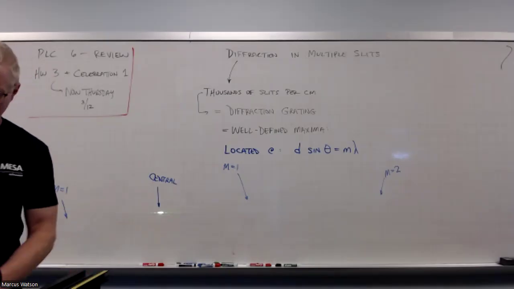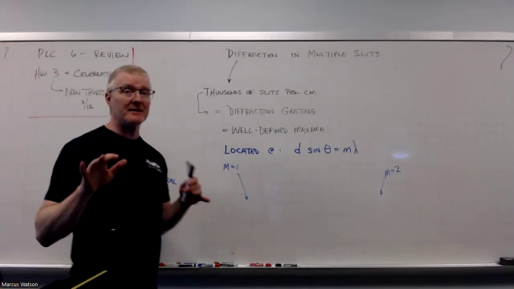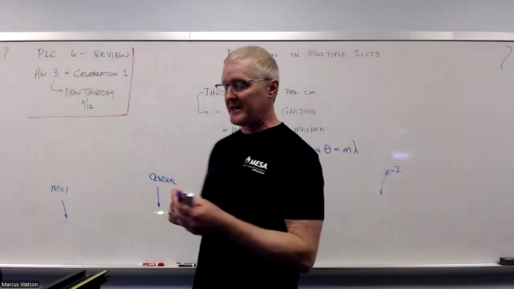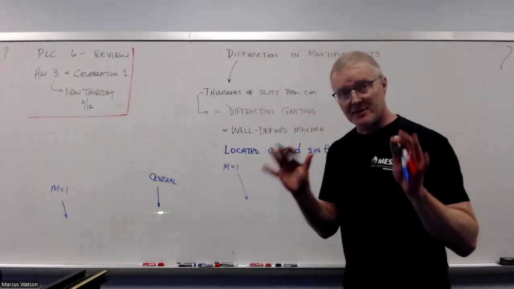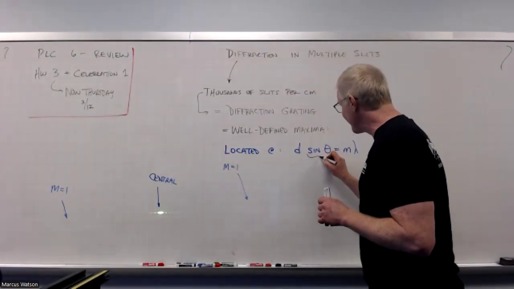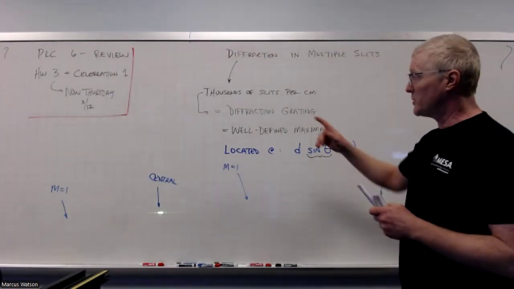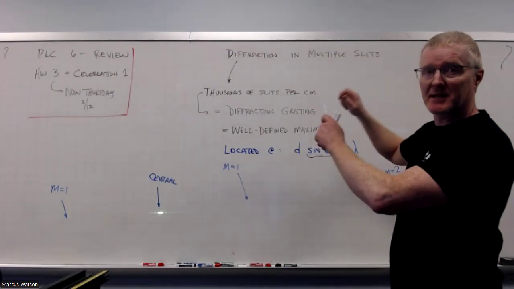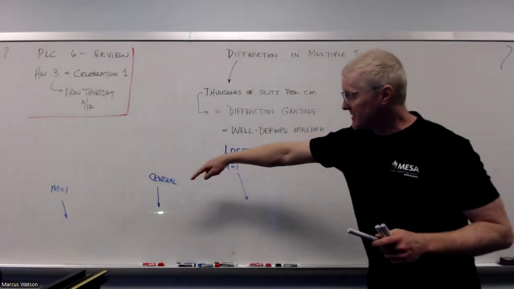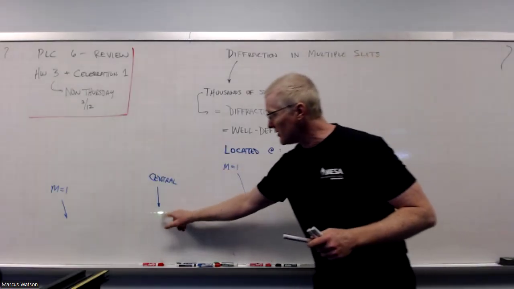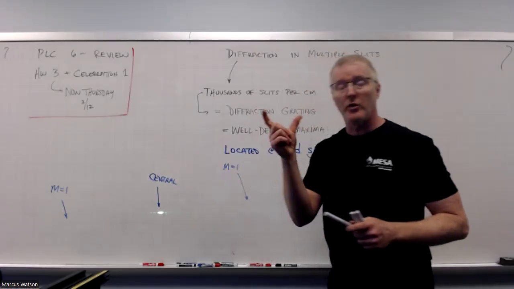So the caveat here is that in the double slit experiment, we were free, because of the small angles, to replace this with a tangent, in which we could use the screen spacing and the distance between here and here on the screen. We'll call it the y value.